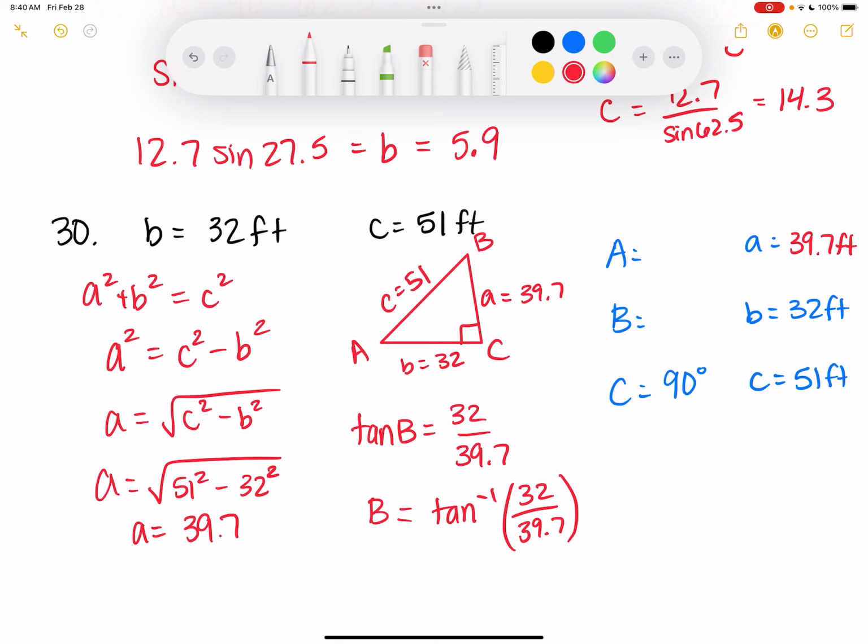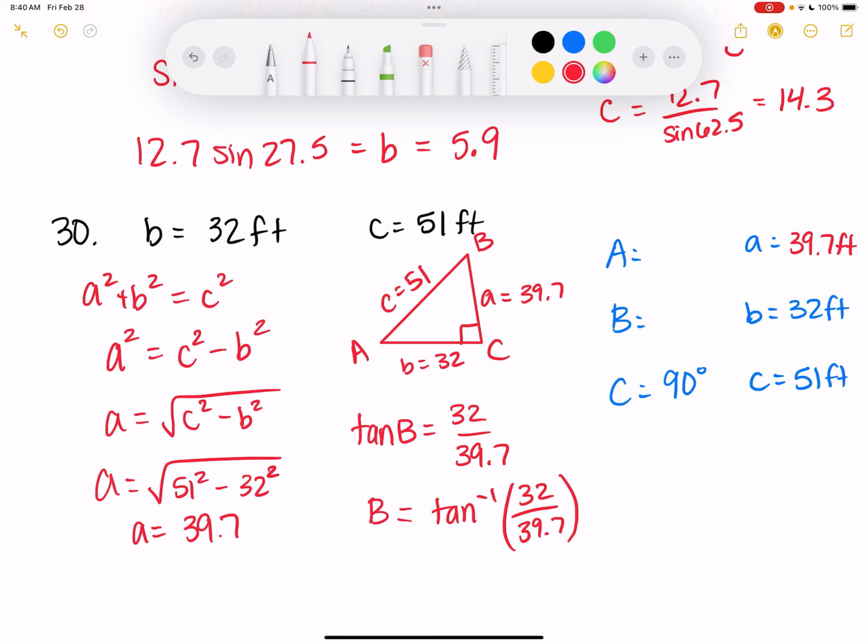To do that on your calculator, you hit second and then the tangent button. I'm sure you were familiar with that with your old scientific calculator, unless you've been using this calculator for a while. Anyways, you just hit second and the tangent button, and that gives up this inverse tangent. And then 32 divided by 39.7.